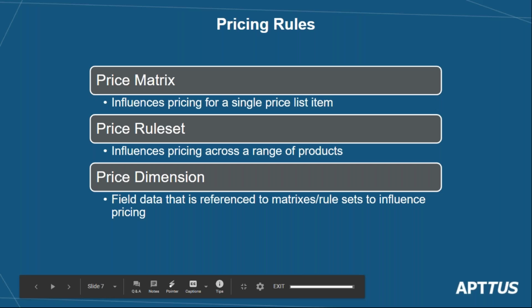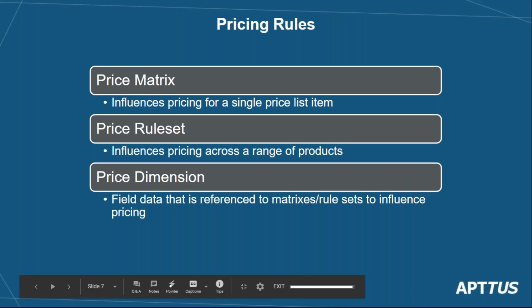So price matrix influences the pricing for a single price list item. And then price rule set influences pricing across a range of products. The major difference between price matrix and rule set is that price matrix will always be used for a single price list item.